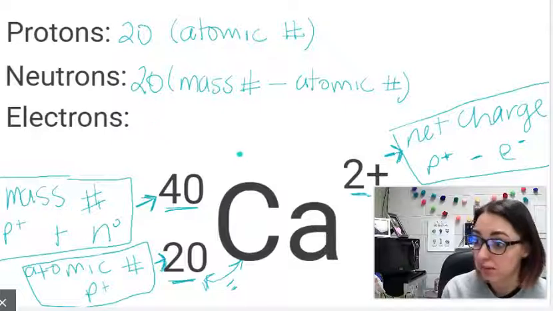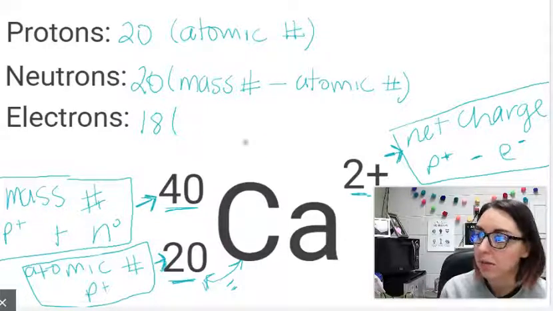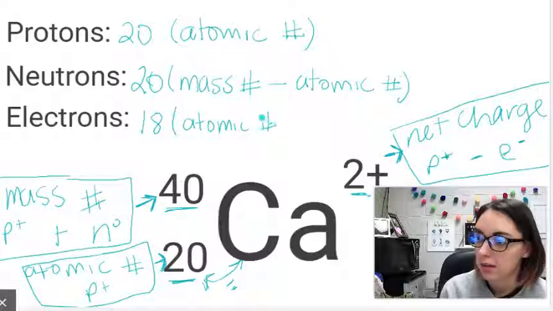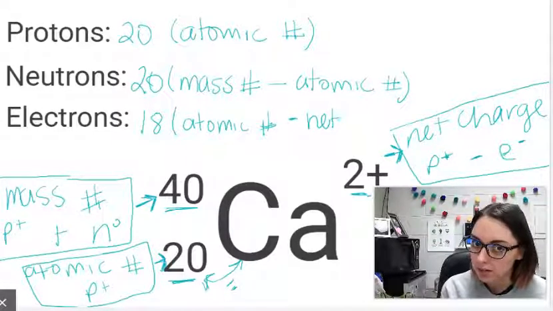And then finally, electrons. So in this case, I have 18 electrons. And I figured that out by doing the atomic number minus the net charge. And that's because, again, net charge is protons minus electrons.